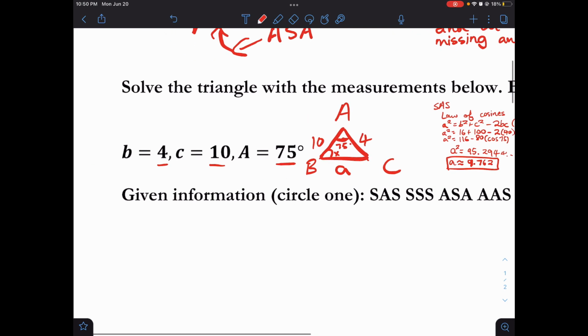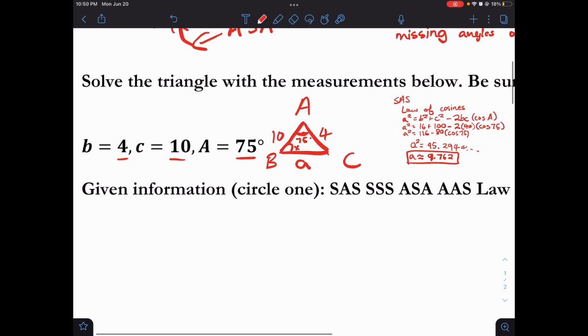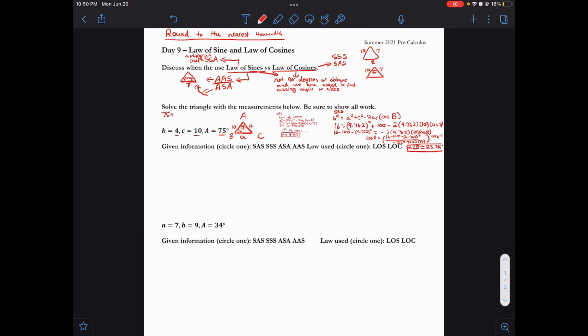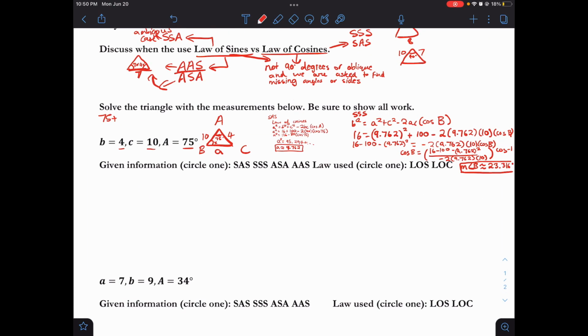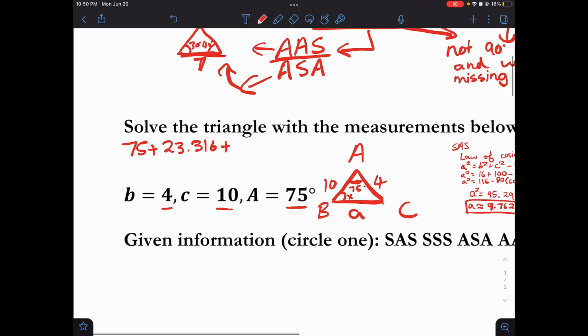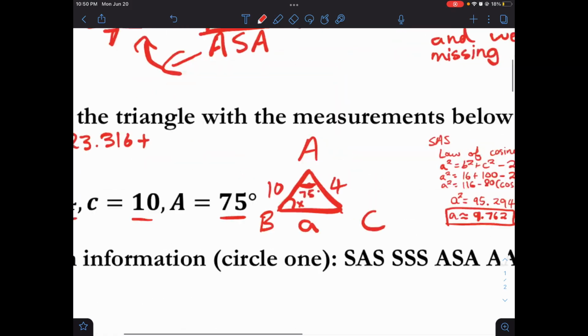To find the sixth value, we can just say that all three angles of a triangle add up to 180. So 75 plus my answer, 23.316, plus, let's see, what's the side I'm missing? Measure of angle C, right?